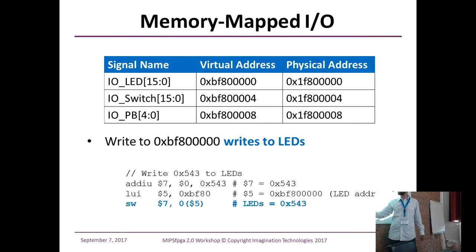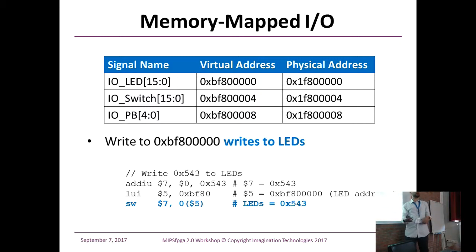The store word opcode takes what was in $7 and stores it in the location pointed to by $5 at the 0th offset. There are labs that go through a bit of assembly, but it's basically store 0x543 in a register, store the location BF80 in a second register, and then the store word opcode takes the data in one register, the location in another register, and stores it there.